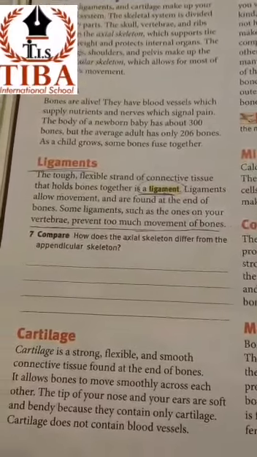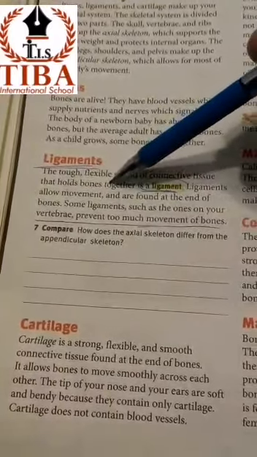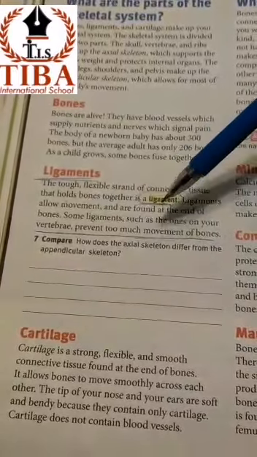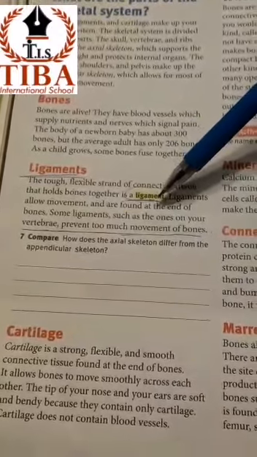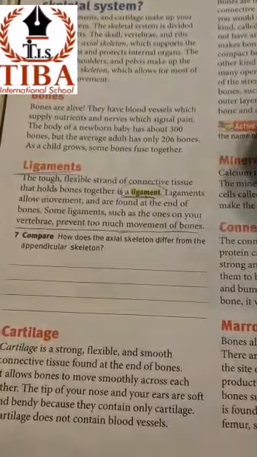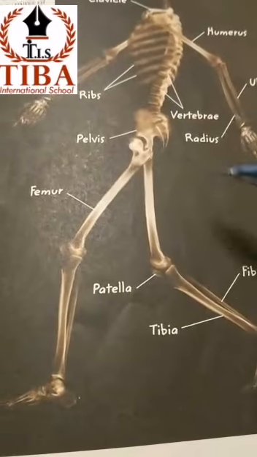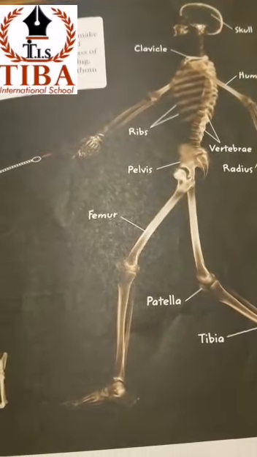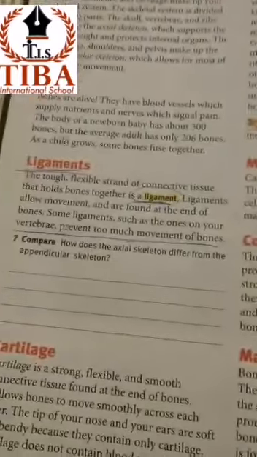Talking about another structure, the ligament. The ligaments are a flexible connective tissue that connects bone to bone. If we turn the page, you will find that all bones are connected together. How are all these bones in our skeleton connected? By the ligaments.